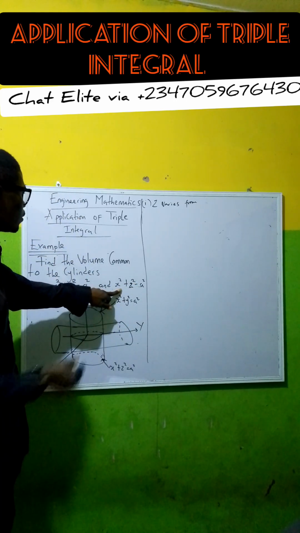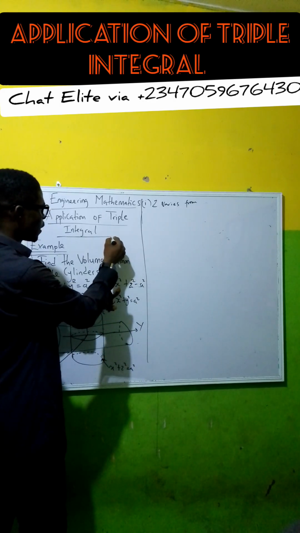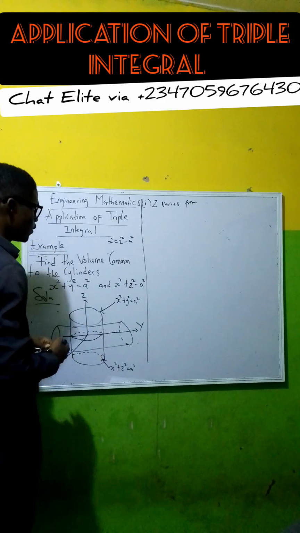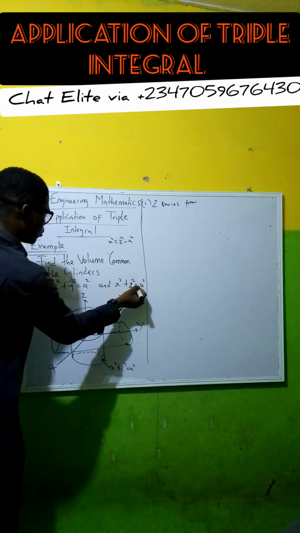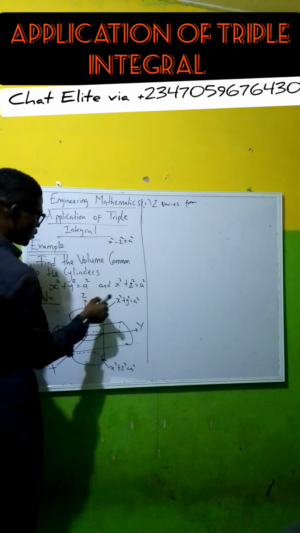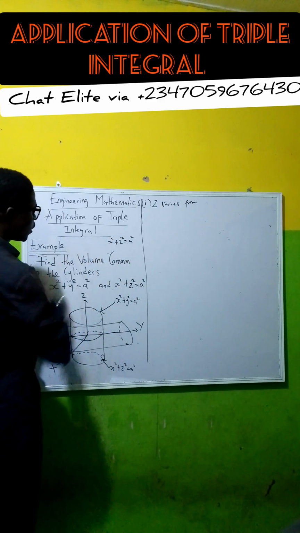Since Z is present here, we have X squared plus Z squared equals A squared.